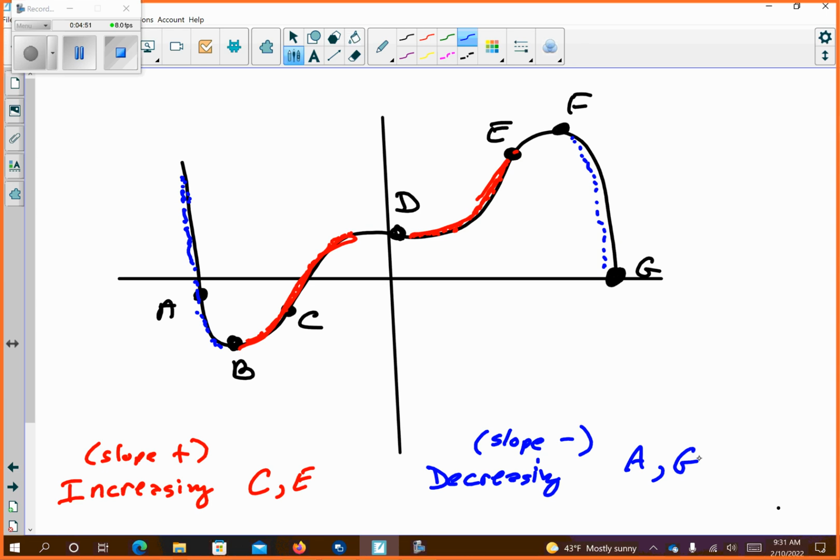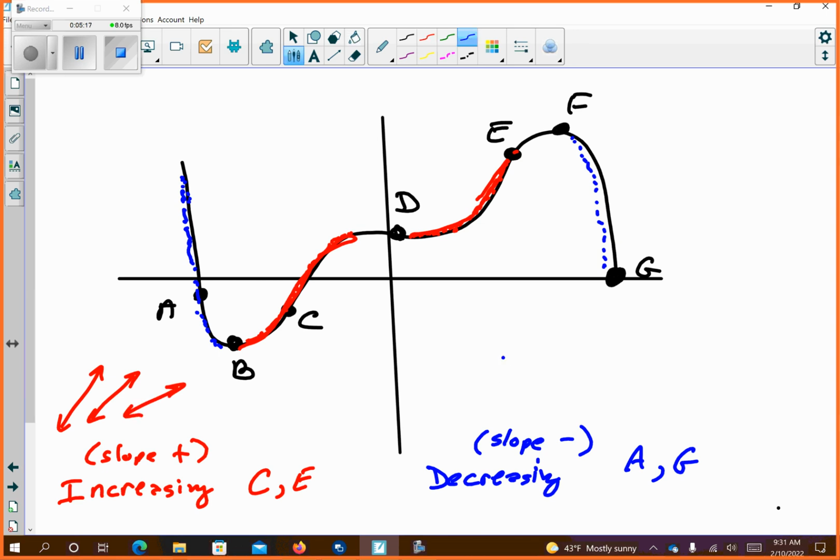Okay? So increasing means the slope of our line that's tangent would be positive. It's going from lower left to upper right. If it's decreasing, it's going from upper left to lower right. Okay, so increasing slopes would mean like the tangent lines look something like this. These are all slopes that would be positive.